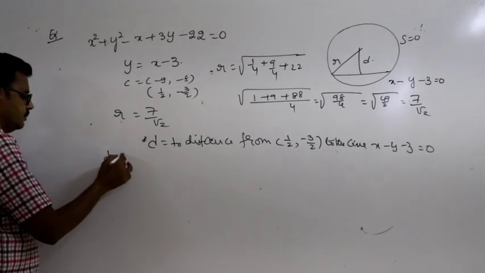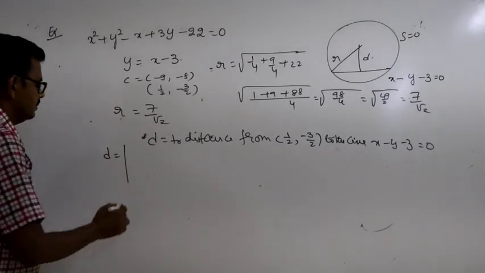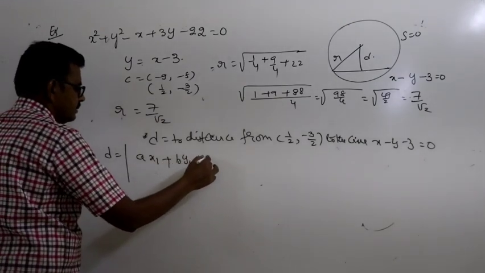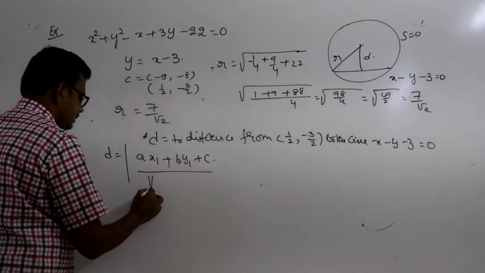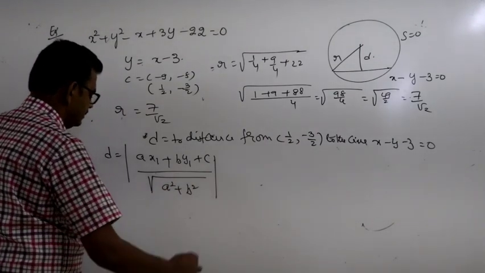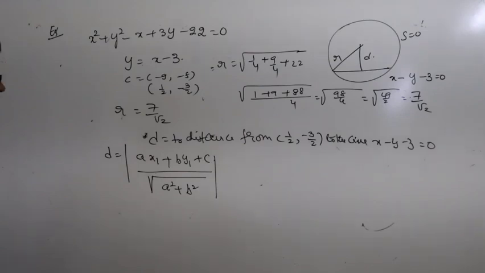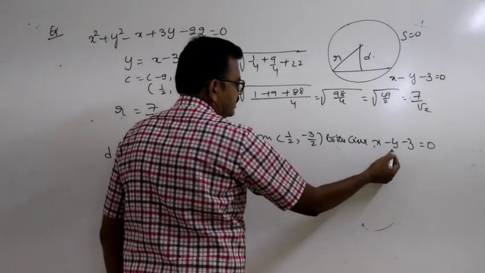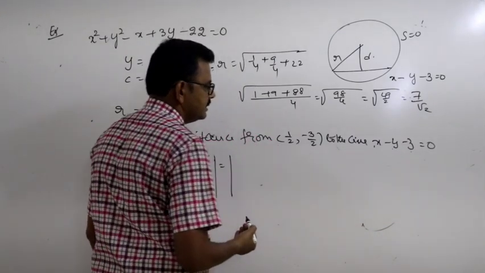That is, d is equal to the perpendicular distance, mod of a x1 plus b y1 plus c by root of a square plus b square. A is 1, b is minus 1, c is minus 3.